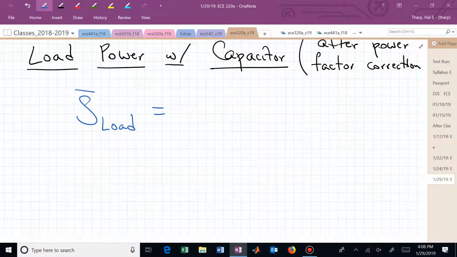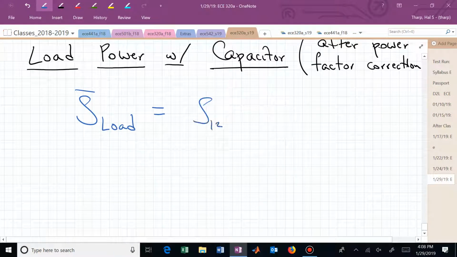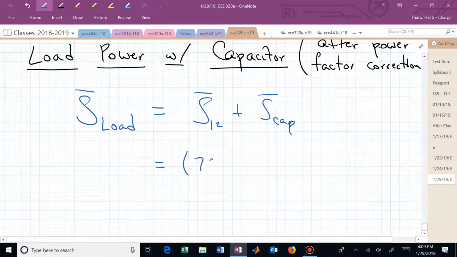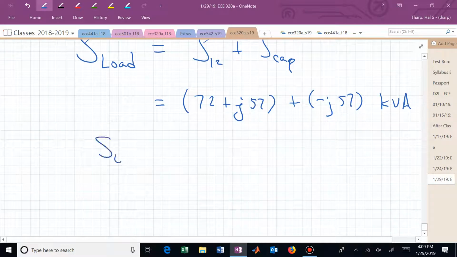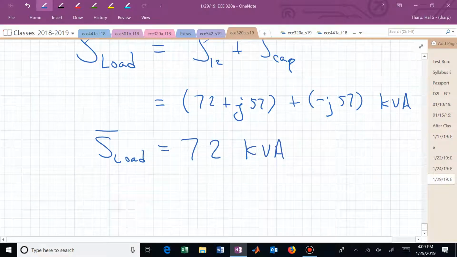I'm saying S load. Now I'm saying the load involves load 1, load 2, and the capacitor. So that now I have S load made up of 3 parts, where 2 of the parts are buried inside S sub 1,2. This was now 72 plus j 57, and this was minus j 57 kVA, so S load is 72 kVA.